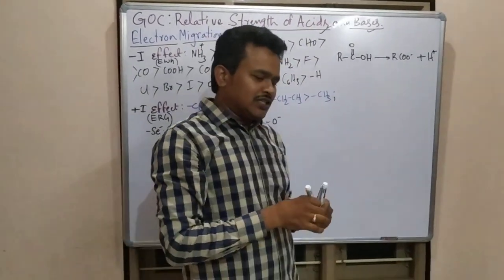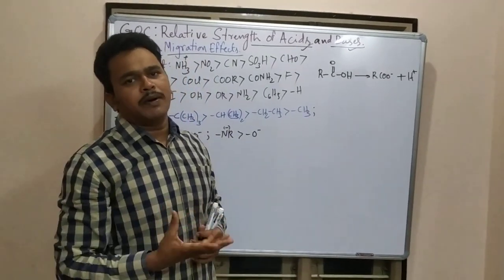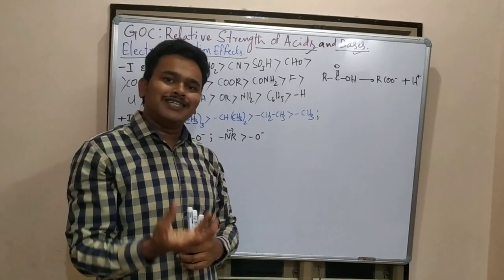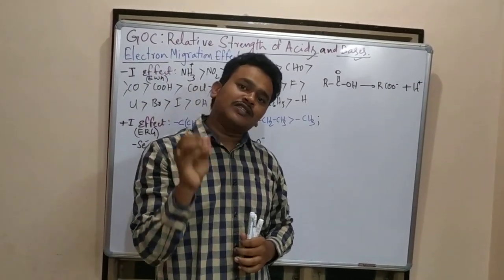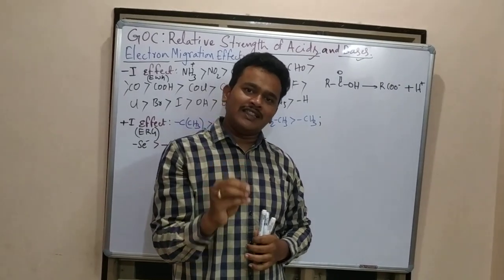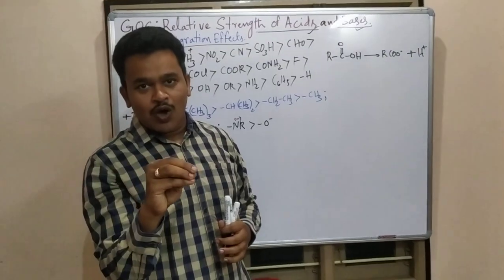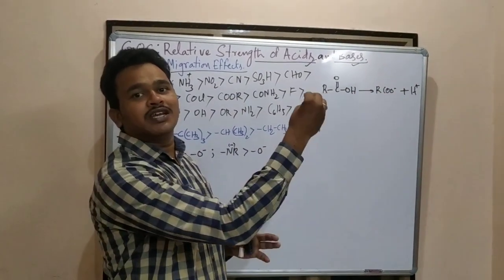There is a strong acid and a weak acid. One which can give H plus with 100% ionization is a strong acid. Why is it releasing H plus? For its stability. Somebody is losing something means they are losing it only for their stability. Once they lose something, I have to check their stability.